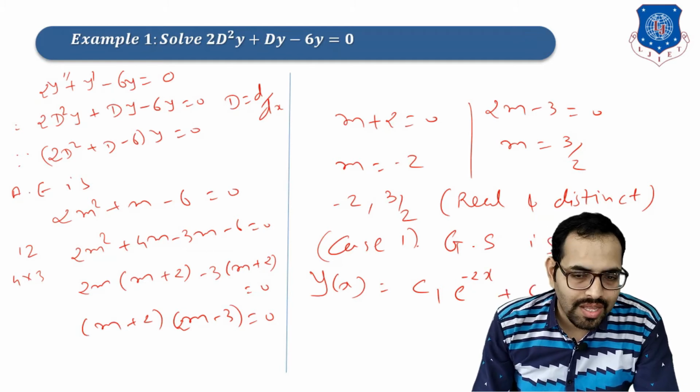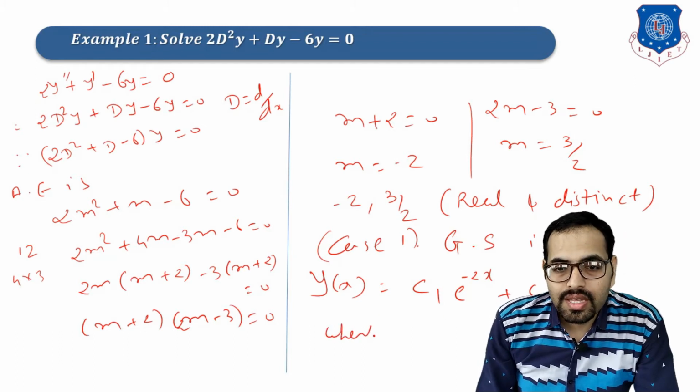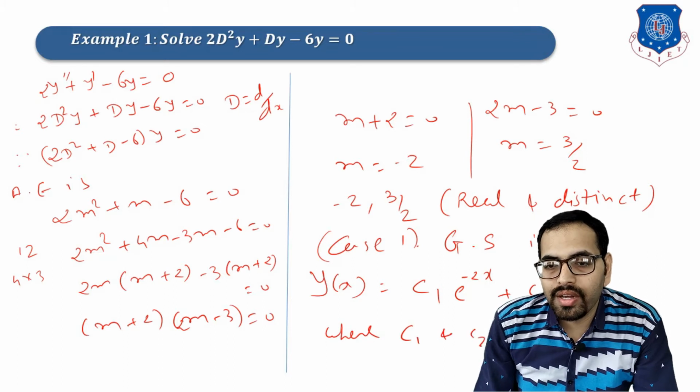That is our answer. This one is our general solution, where c1 and c2 are arbitrary constants.